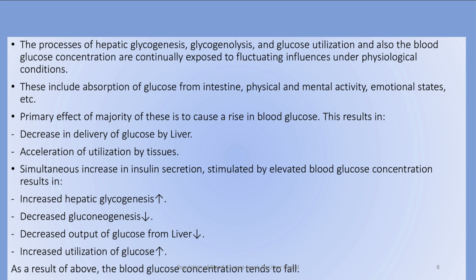These include absorption of glucose from intestine, physical and mental activity, emotional states, etc. Primary effect of the majority of these is to cause a rise in blood glucose.